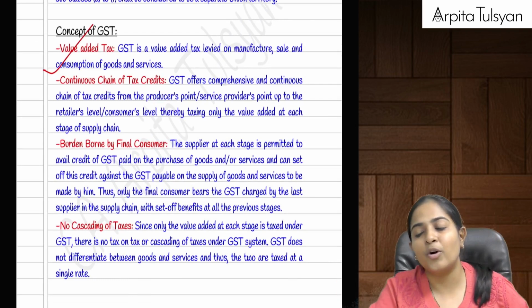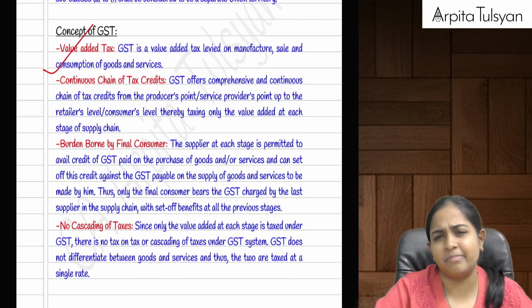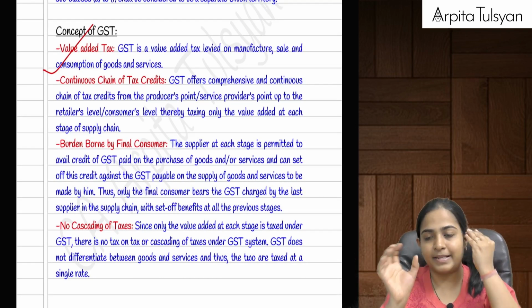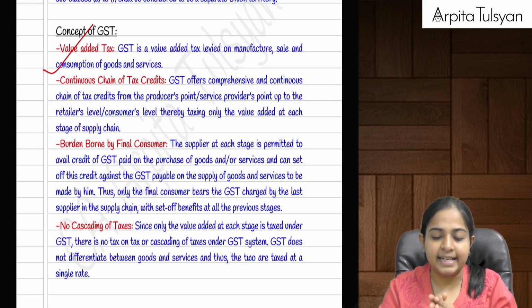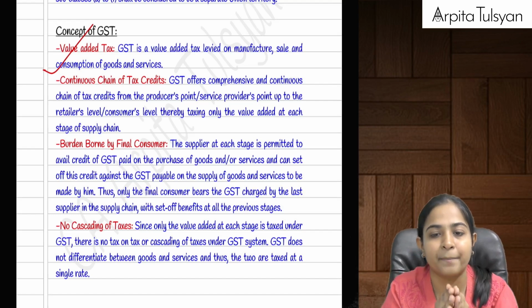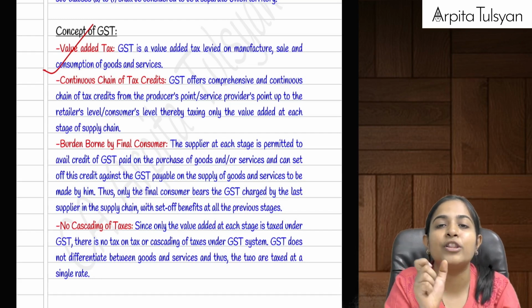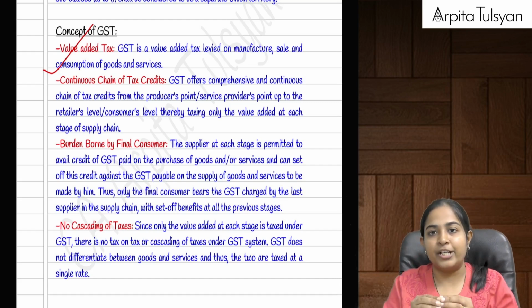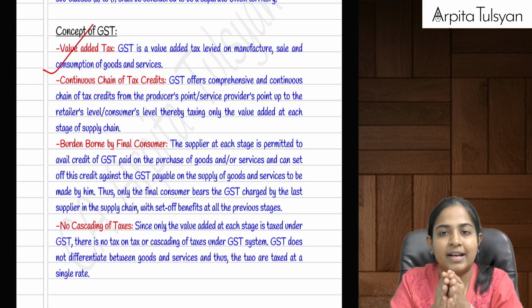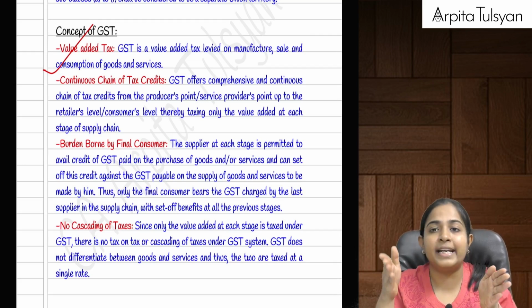Then going on to the next thing, that is the concept of GST. In the concept of GST, basic pointers are covered. Basically, they are talking about the concept of the Goods and Service Tax Act. GST law is made with the purpose of making the taxes applicable only on the value addition. At the first stage, let's talk about the entire chain from manufacturer to wholesalers to retailers to consumers.